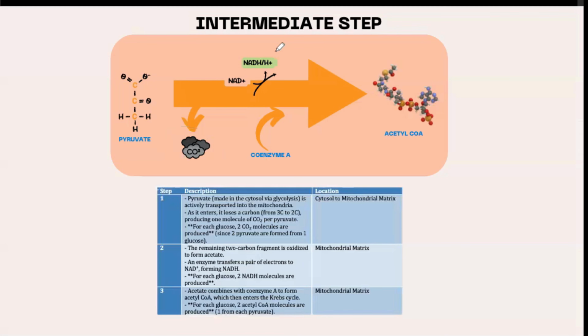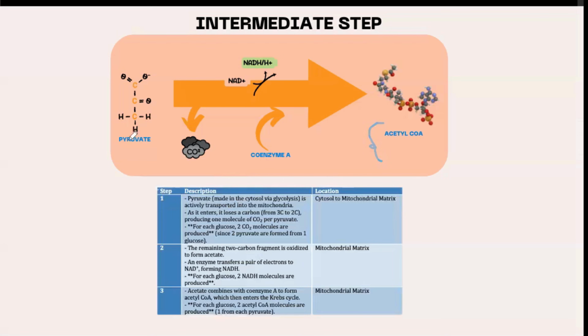This CO2 comes from 1 pyruvate. But remember there's 2 pyruvates for one glucose molecule that goes through glycolysis, which means this is doubled. You're actually going to have 2 CO2s released, not just one. In the second part of what's being released, we have the remaining 2 carbon fragments that eventually form what's called acetyl CoA.